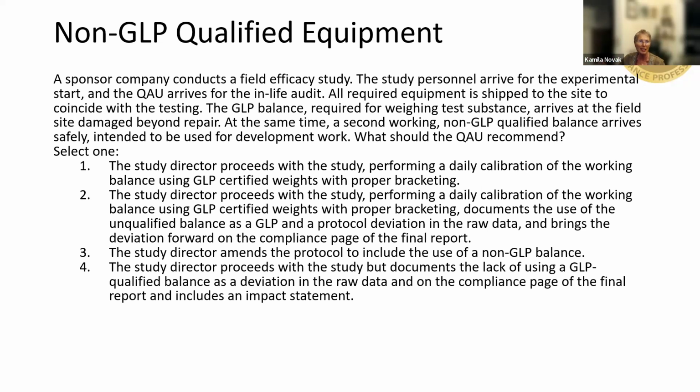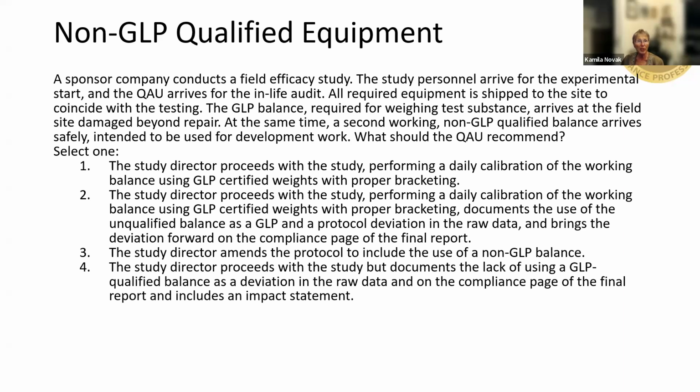It's just happening all at once. And the GLP balance required for weighing the substance arrives at the field site damaged beyond repair. Not good. At the same time, a second working non-GLP qualified balance arrives safely, intended to be used for development. What should the quality assurance recommend? Again, one option is to be selected.